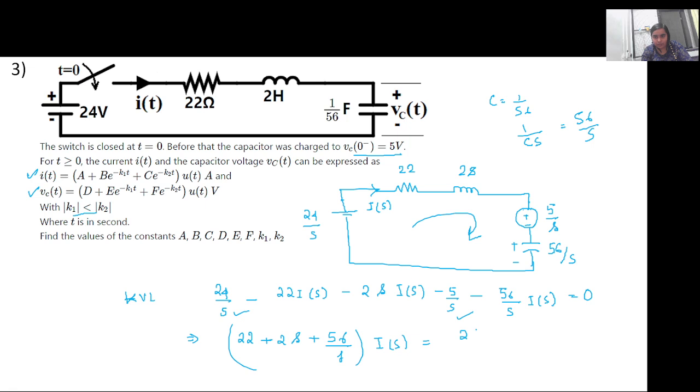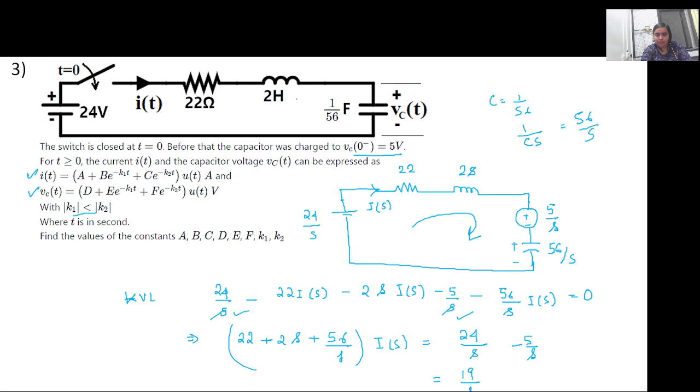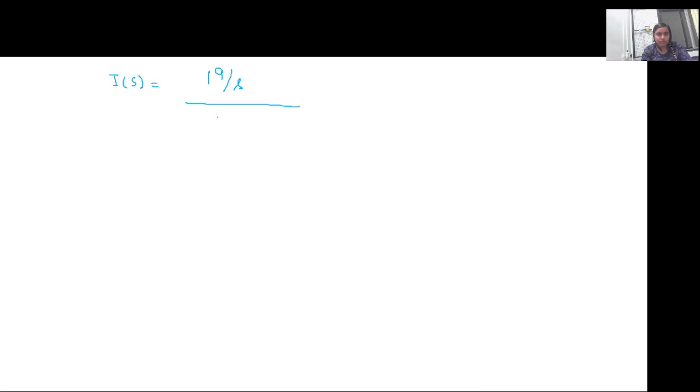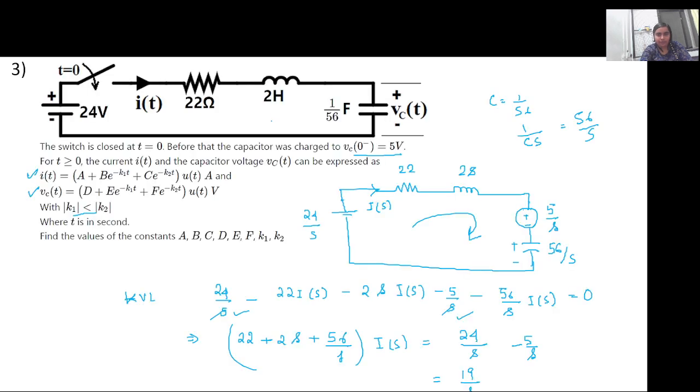So it is 24 by s minus 5 by s. 24 minus 5 is 19, so 19 by s. Now we calculate I of s. I of s will be 19 by s into 22 plus 2s plus 56 by s.